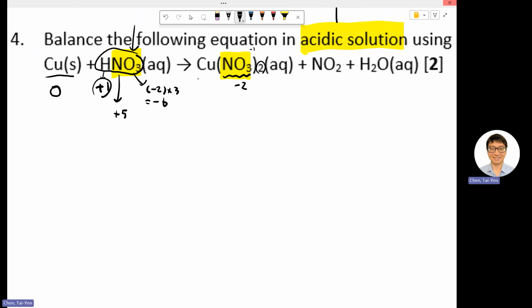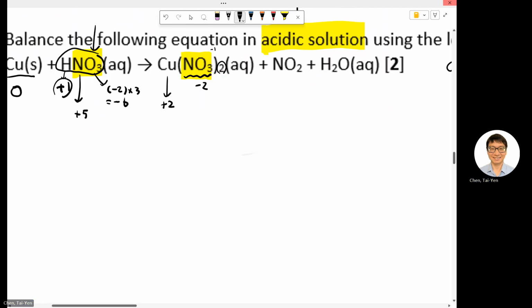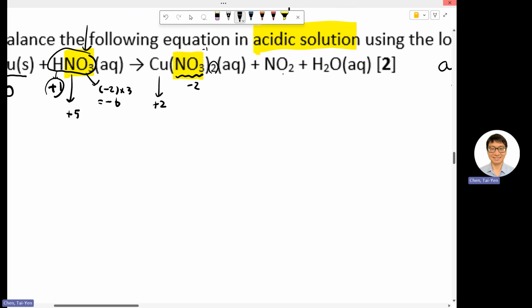The overall molecule of your Cu(NO3)2 is 0, it's neutral. Therefore your copper is going to carry +2. NO2: overall a neutral molecule, you have two oxygens. That's -2 times 2, therefore this is -4. Therefore your N is +4. And then for H2O, O is -2 and your H is +1.